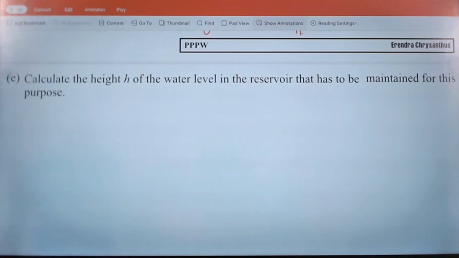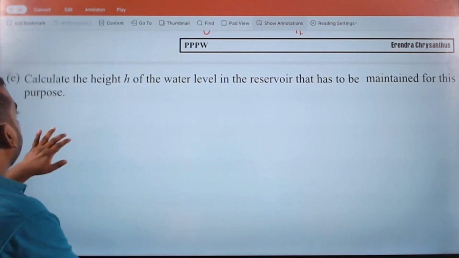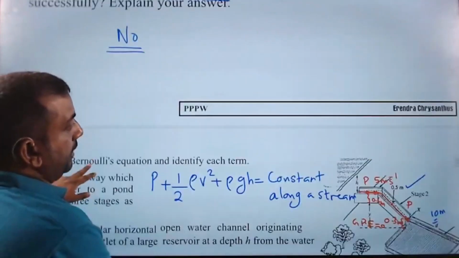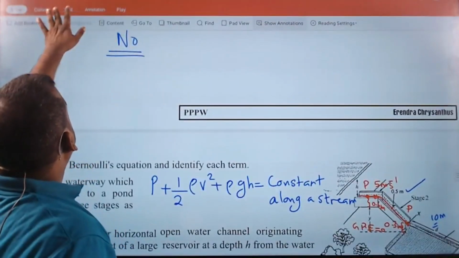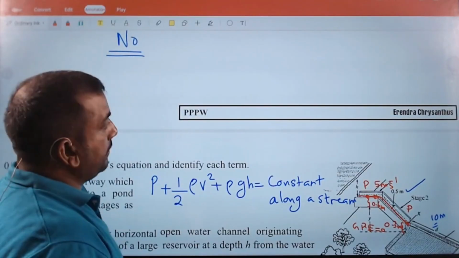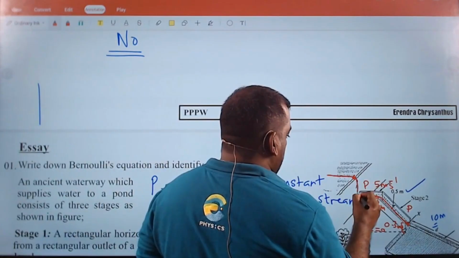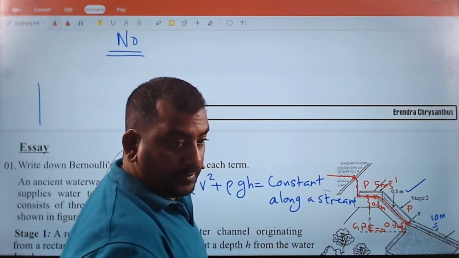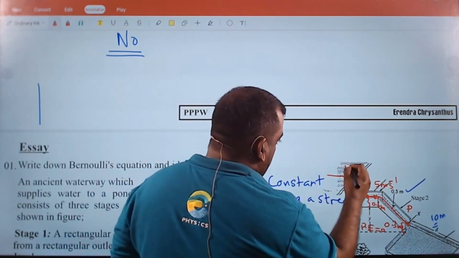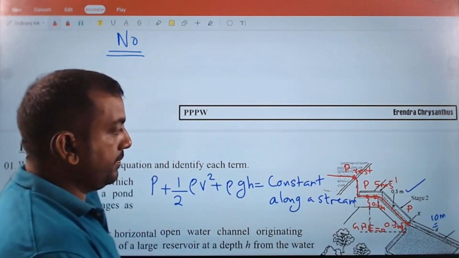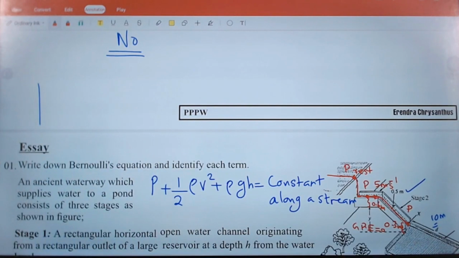Calculate the height h of the water level in the reservoir to maintain this. Now if I go back, the same picture. Reservoir is very deep, so we can take liquid coming from top. Here also atmospheric pressure, velocity is negligible.